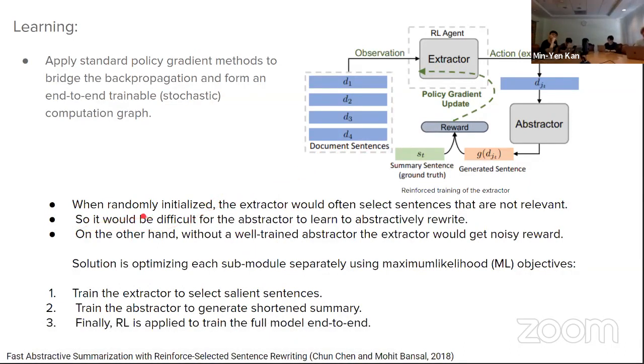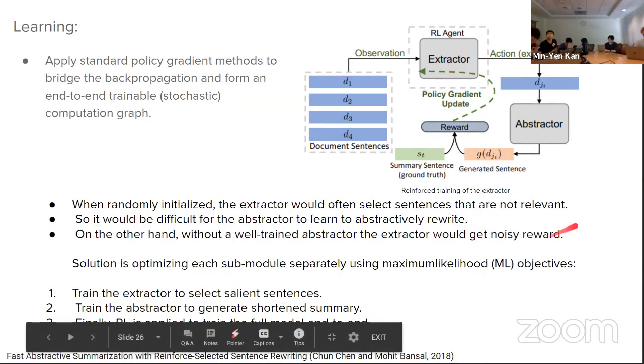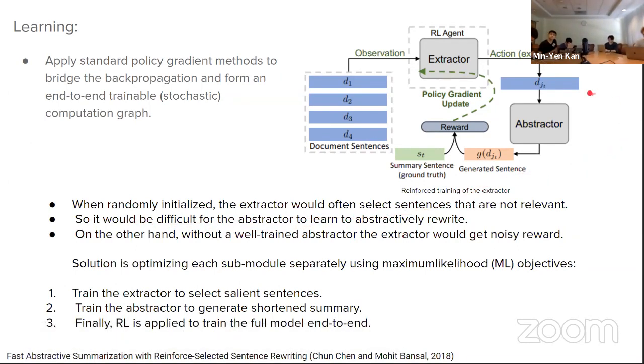Oh yeah, one thing I want to stay on is that when you start the extractor and abstractor from scratch in the RL, it doesn't work quite well. When they are randomly initialized, the extractor will often select sentences that are not relevant. And if that's the case, then it would be quite difficult for the abstractor to learn to abstractively rewrite.